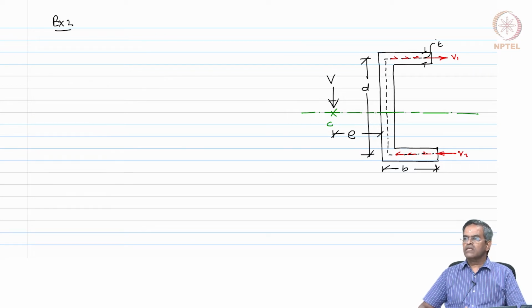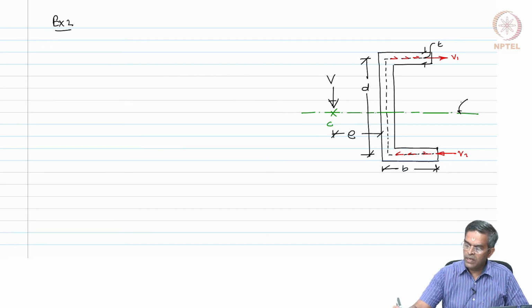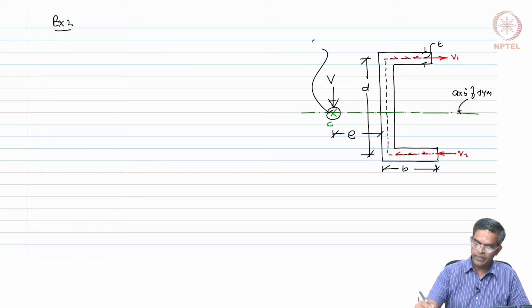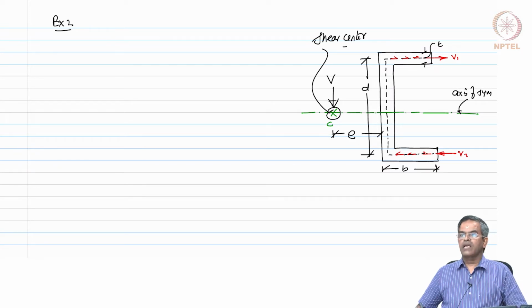It is a thin section and we already know the green line represents the axis of symmetry. The shear center will have to lie along this line of symmetry.